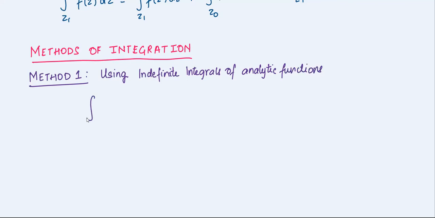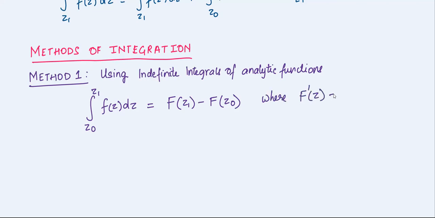That is, if we have the integral from Z0 to Z1 of f of z dz, it will be capital F of Z1 minus capital F of Z0, where F dash Z is equal to f of z. That means capital F is the antiderivative of small f, or small f is the derivative of capital F.